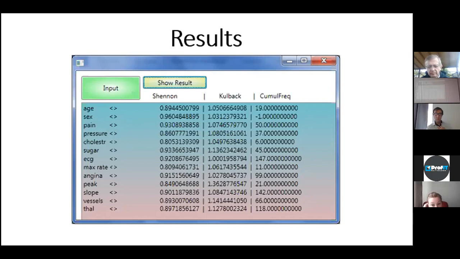We got the following most informative signs: thal, chest pain type, colored vessels, angina, age, etc.